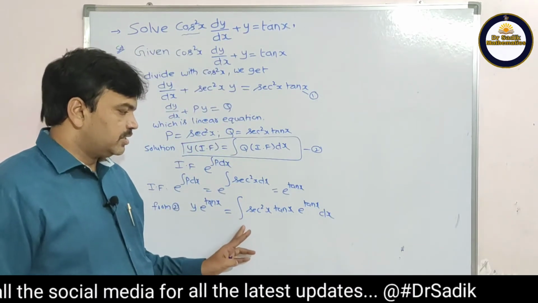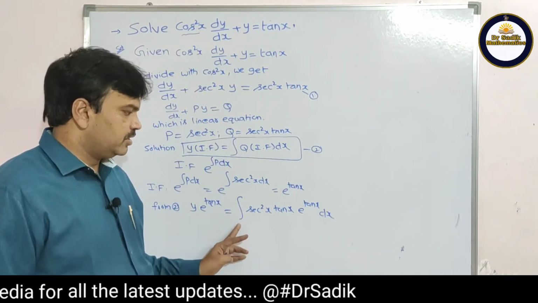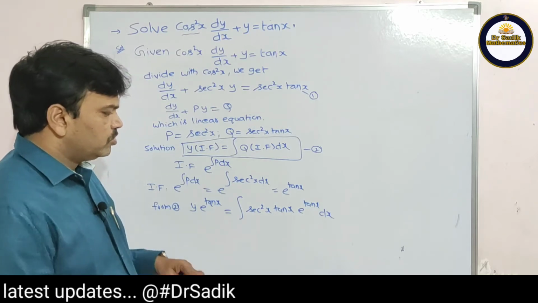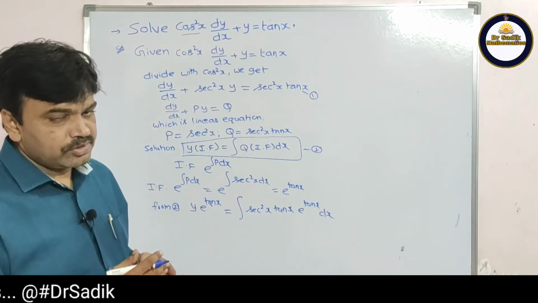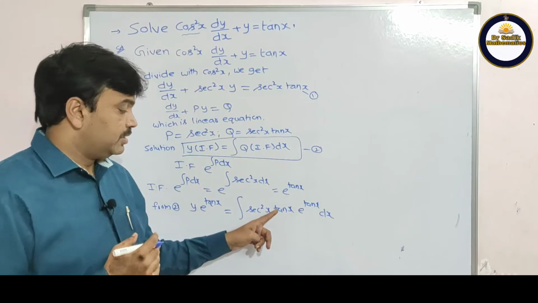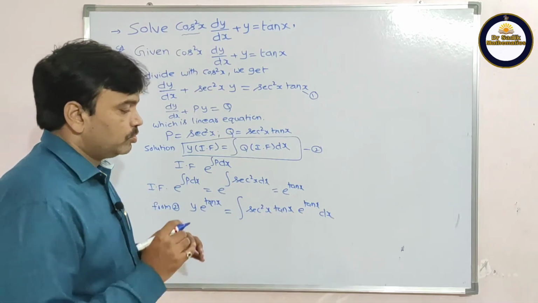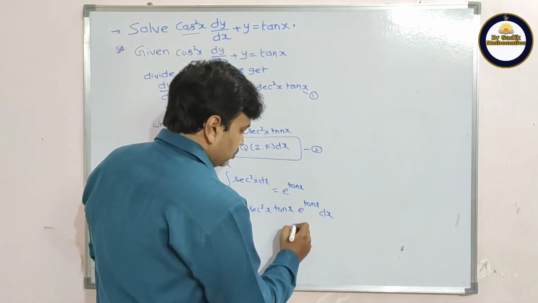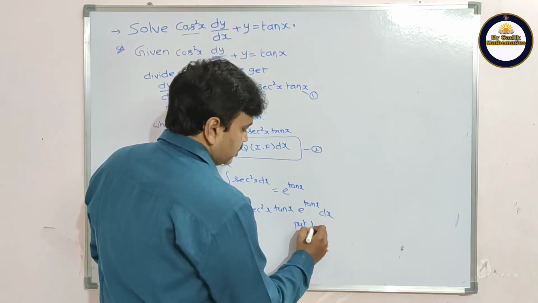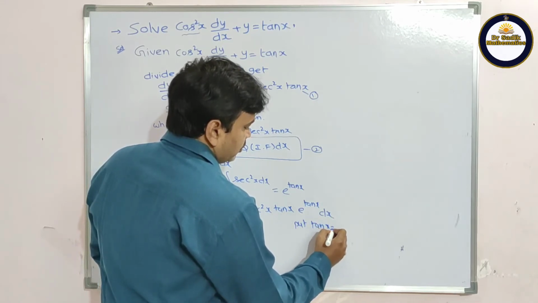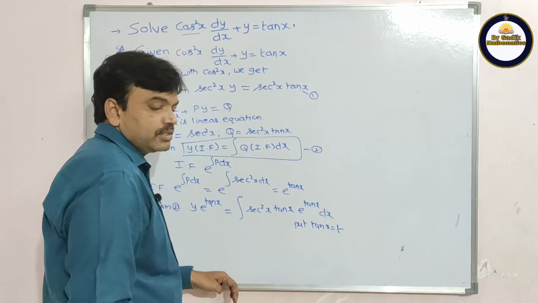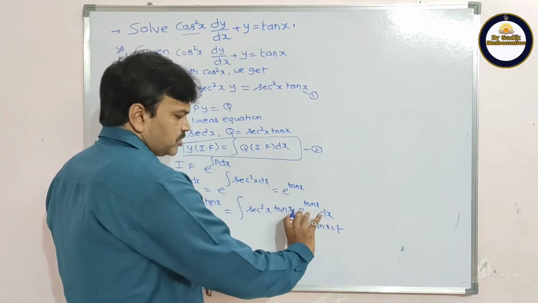Now I want to evaluate this integration, friends. So a suitable substitution, very suitable substitution, is tan x. So put tan x is equal to t. Now differentiate on both sides, friends.